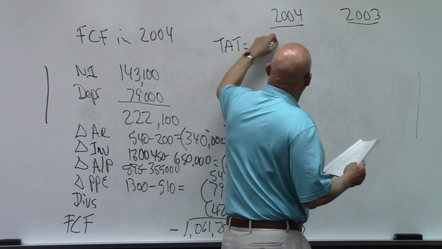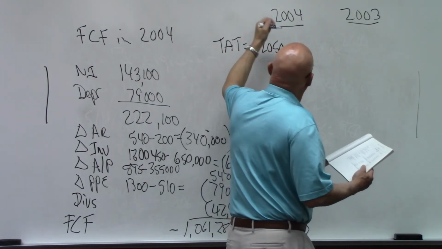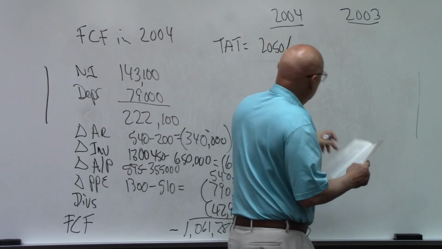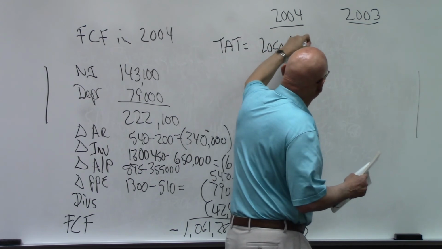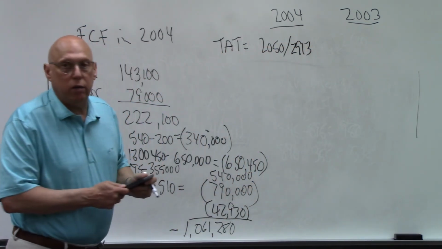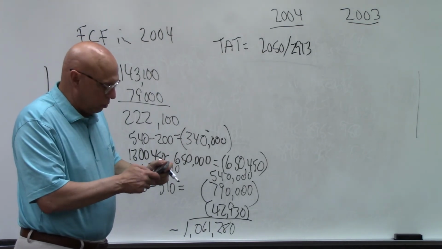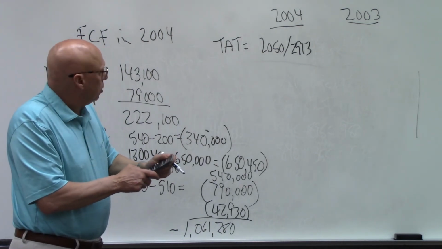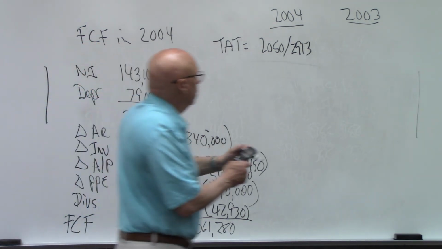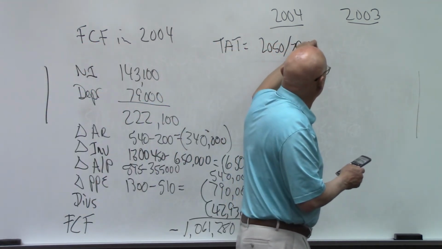So 2050 divided by total assets of 2913. We need a trend, so we're not going to average the 2 years of total assets. So 2050 divided by 2913 is 0.7.